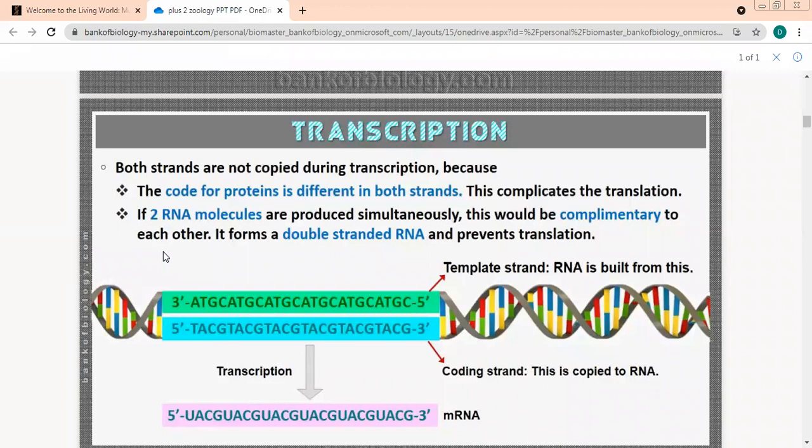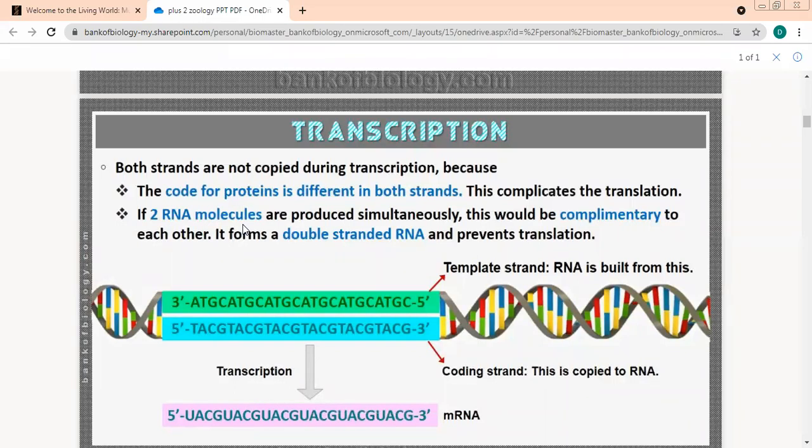complicates the translation. Now, when we go for coding of proteins, then in the first strand and the second strand, the codes are different. The codes are different in both the strands. So if translation starts on both the strands at the same time, then it will become very complicated.